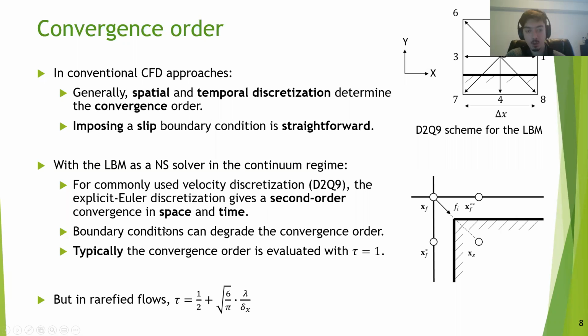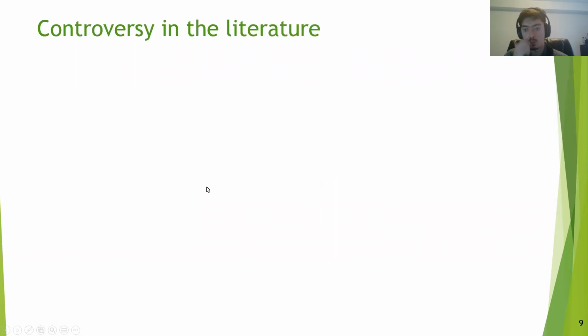But in rarefied flows, tau is equal to 1/2 plus a constant times the mean free path divided by the grid size. All those elements have left some confusion in the literature, even I would say a controversy, on the convergence order of the LBM in the rarefied regimes.